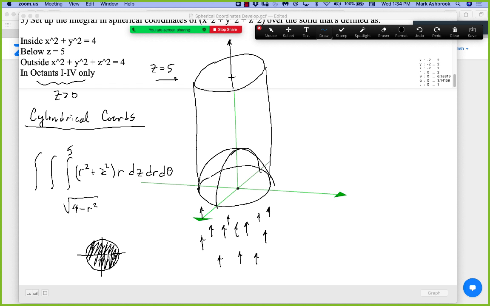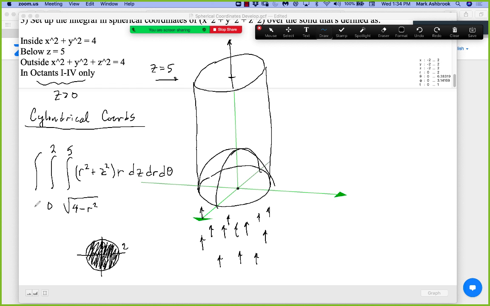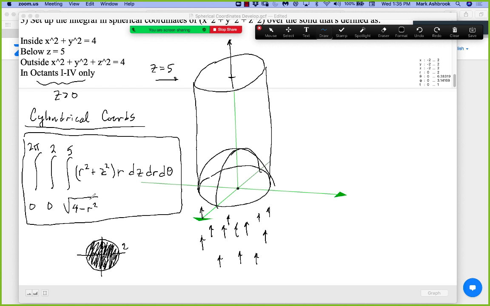So when we flatten that thing on the xy plane, or get its shadow, dr is 0 to 2, theta 0 to 2 pi. Disk of radius 2 in the xy plane. Questions on cylindrical coordinates? Pretty straightforward. The only thing that's slightly weird, but not a problem at all, is our sphere.